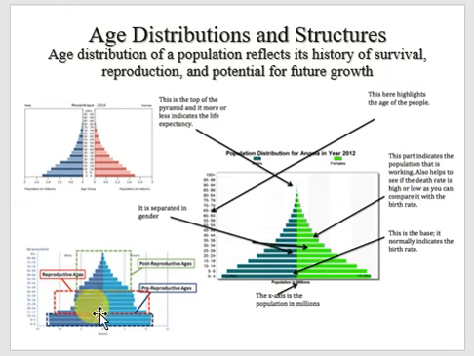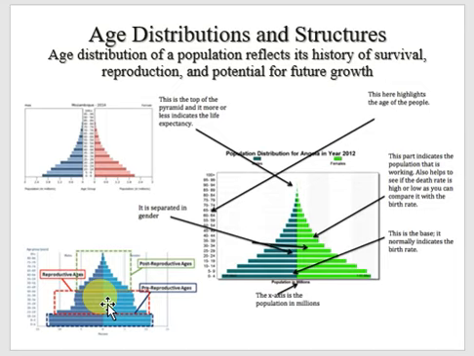So if you have more individuals in this reproductive stage, you have an increased number of potentially reproductive individuals, which could increase birth rate. So you can start making inferences about population trends that may arise from these relative age structures.